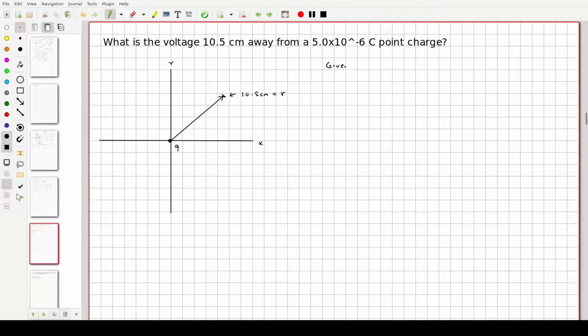So I'm given Q is 5.0 times 10 to the minus 6 coulombs. I'm given R is equal to 10.5 centimeters, which is the same thing as 0.105 meters. And what I'd like to find is just the voltage at that point.